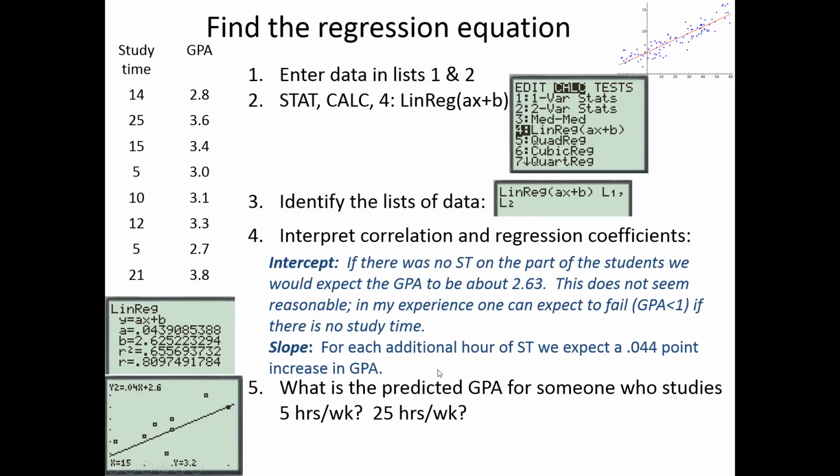The slope here is what? The slope is about 0.04, or 0.044. So what does that mean? The slope is the change in y over the change in x.